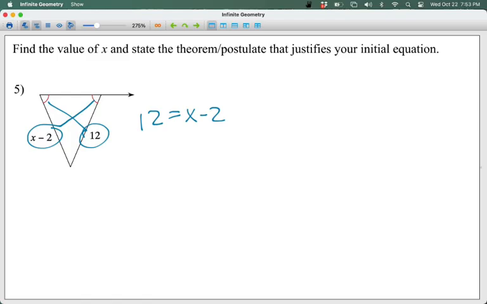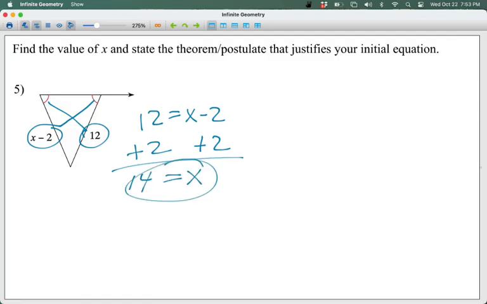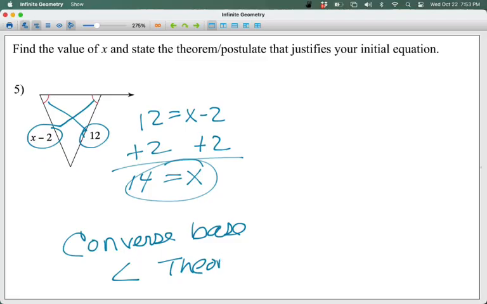Take some time, pause this, and work on that. x equals 14 is your answer, and this was the converse to the base angle theorem. Let's move on to number 7.